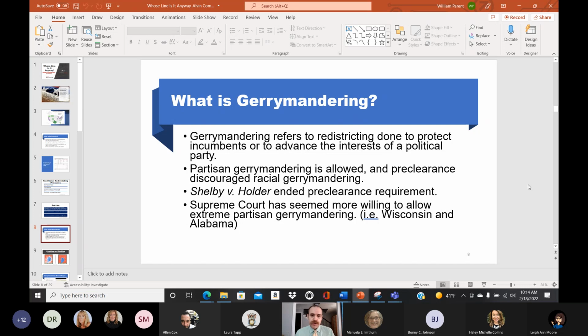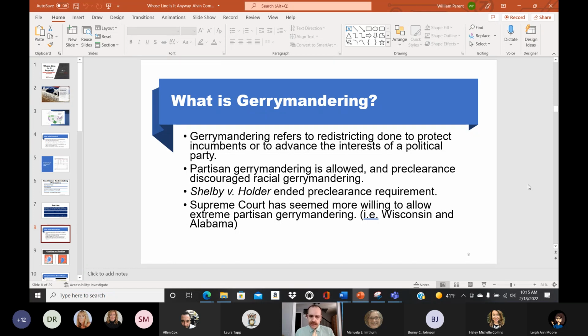And it changes from year to year, depending oftentimes upon the makeup of the U.S. Supreme Court and the lower courts as well, whether they're going to find the process of redistricting acceptable, maybe in a case like Texas, where you have the state legislature in charge of the redrawing of district boundary lines engaging in this overt partisan affair. We know that partisan gerrymandering is allowed, and preclearance is discouraged.